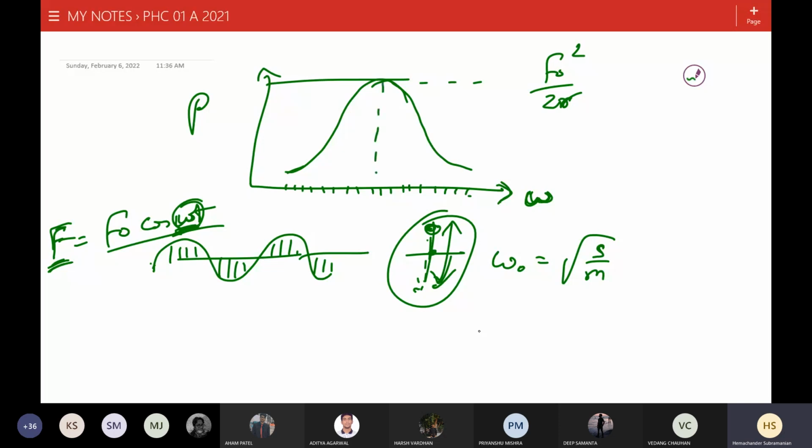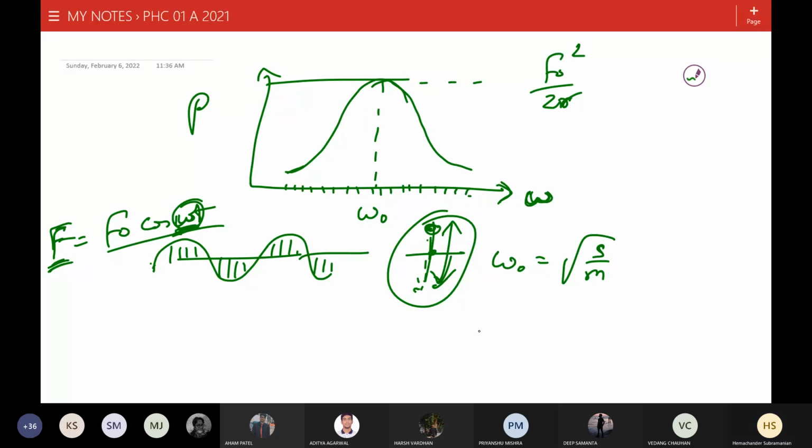That is when this maximum happens. So the power absorption happens when the natural frequency of oscillation of the electron in the atom and the frequency of the electromagnetic wave supplied from outside match.